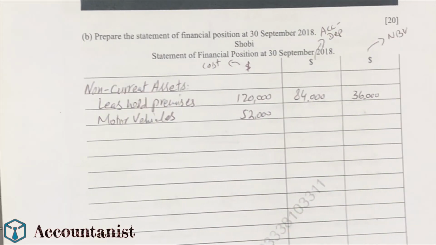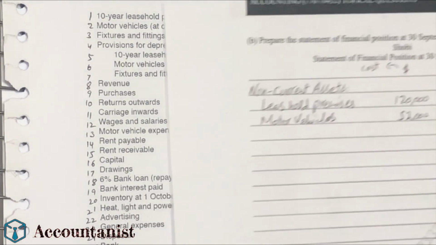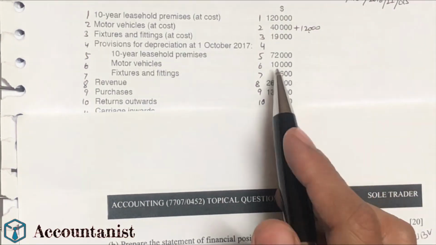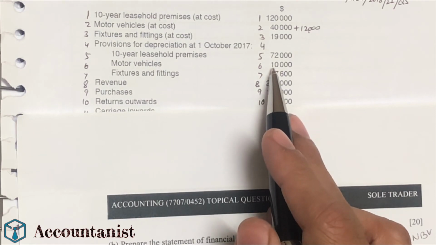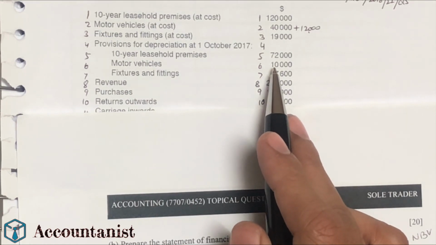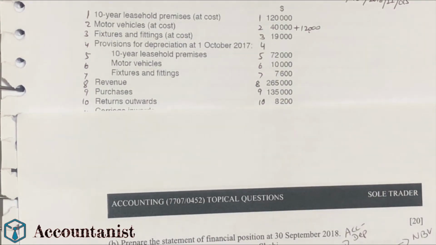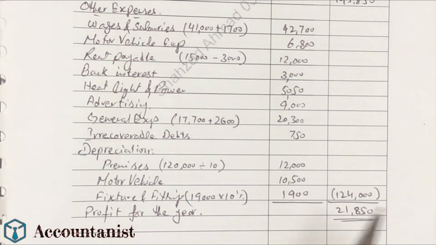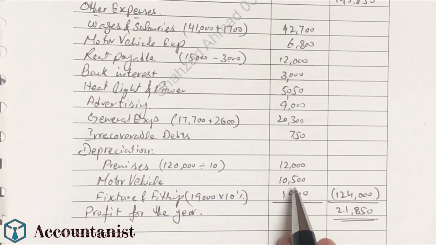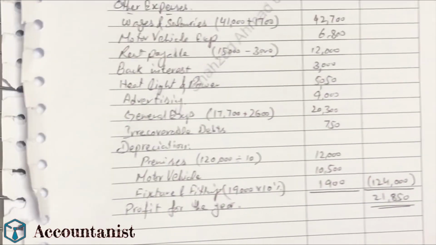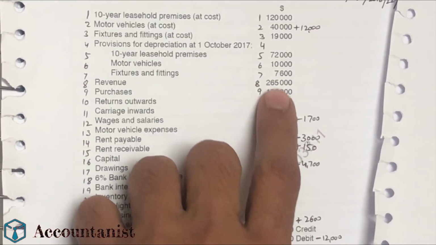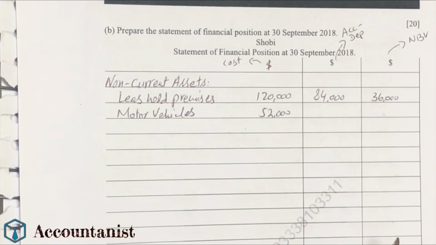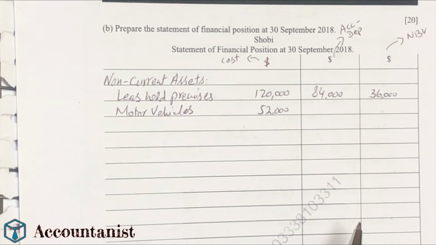Similarly, if we do not have an income statement, what do we need to do? We need to see how much depreciation we already charged, and that was 10,000 against motor vehicle, and then we add this to the current year depreciation, 10,500. So 10,000 plus 10,500 gives us the total figure of 20,500.